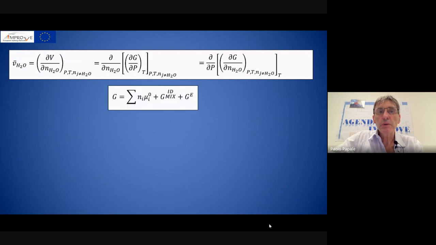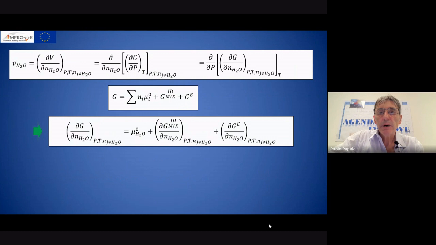This is the general expression for the Gibbs energy of a mixture that we have derived in the previous lesson 7. Let's then apply the partial derivative in the number of moles of dissolved water. The first term in the expression that we obtain is the reference chemical potential.